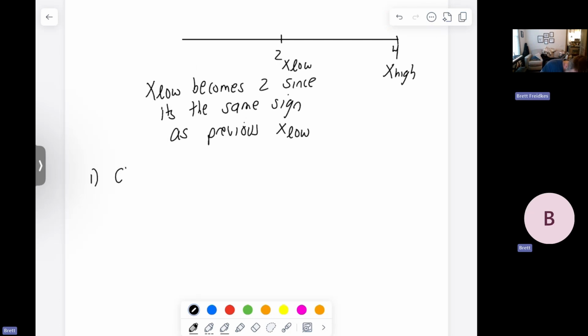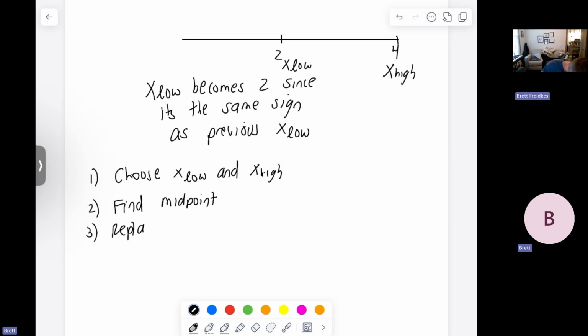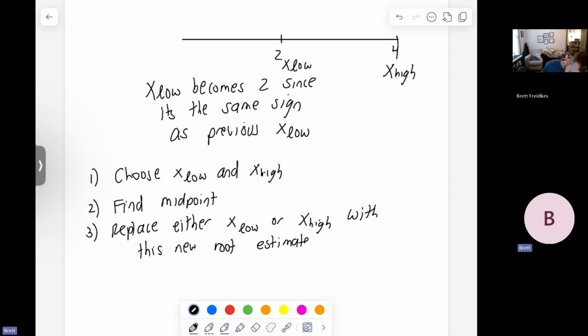So let's just write out these steps. We choose 2 guesses, which are x low and x high. We find the midpoint. And then we'll replace either x low or x high with this new root estimate, which in my notes I think I call x mean, because it's the average of the points.